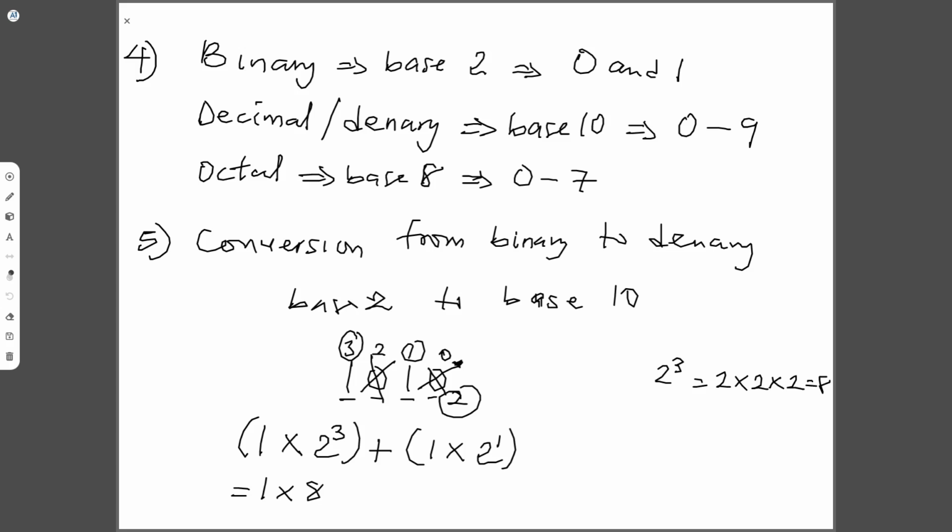So we have 8, close the bracket, and we have 1 multiplied by 2, that will give us 2. 1 multiplied by 8 is 8 plus 2, and we have 10, expressed in what? In base 10.